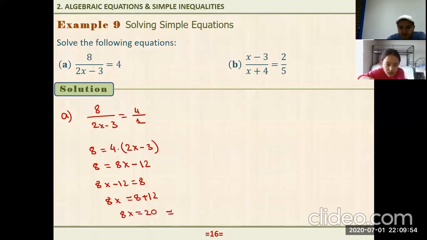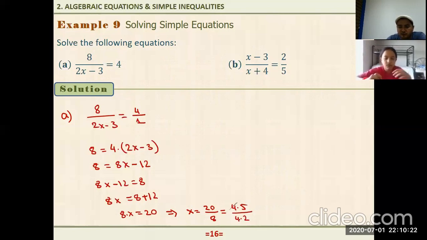From here, x equals, it is multiplied, right? x equals 20 over 8. Now we can simplify this. 20 is 4 times 5. 8 is 4 times 2, right?